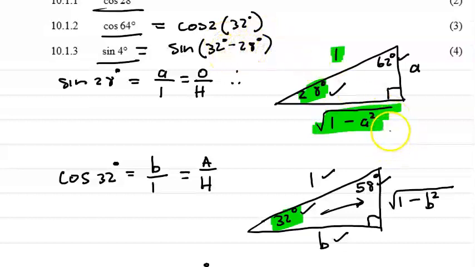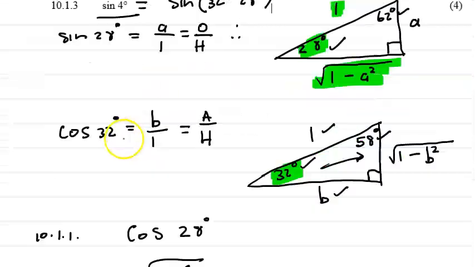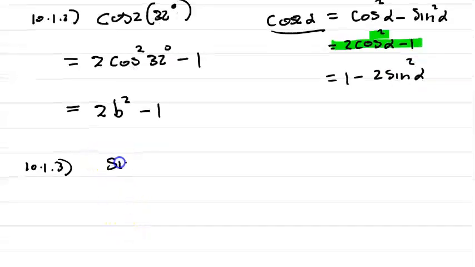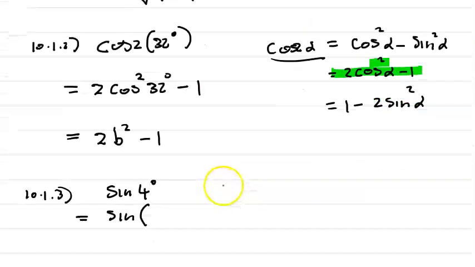So what are they testing here? Well, they're testing compound angles. So it's important for us to know our theory. For this particular question, sine of 4 degrees is going to equal sine of 32 minus 28.